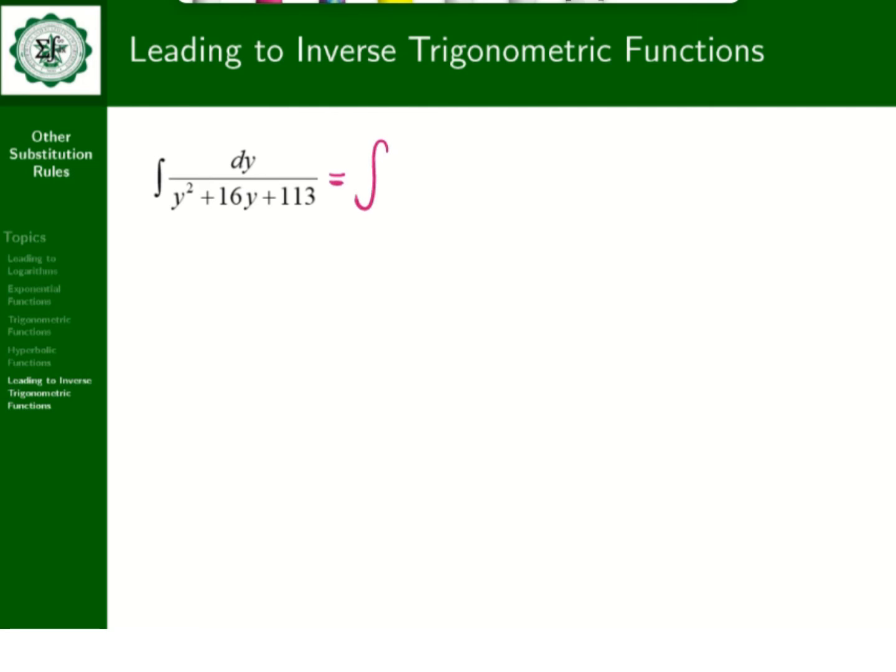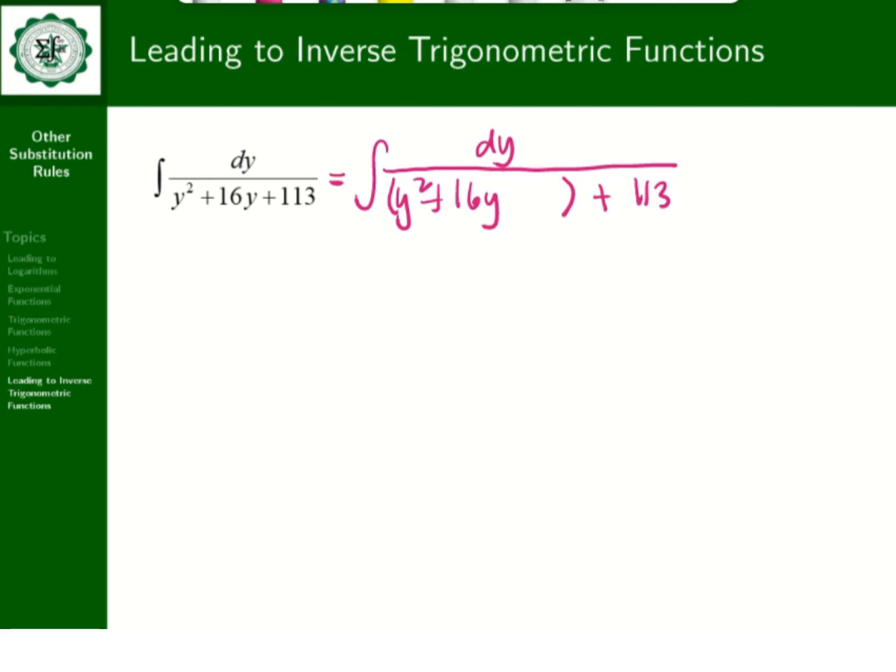So let us proceed. We copy the numerator dy, and then for the denominator, we are going to isolate the variables. So we have y squared plus 16y. We are going to isolate this from the constant 113. Our goal is to come up with a perfect square trinomial, and to do this, we will be adding an appropriate constant to y squared plus 16y.